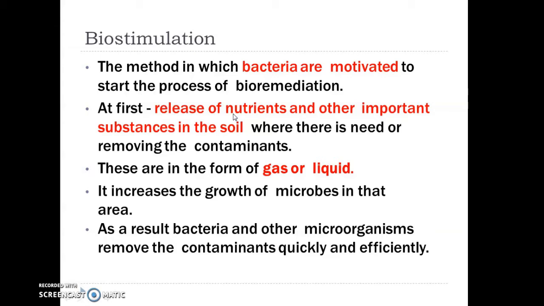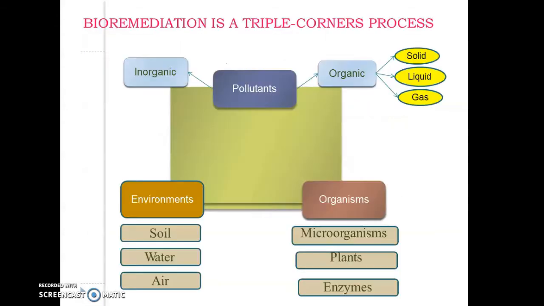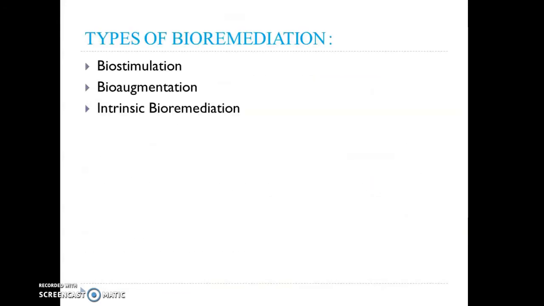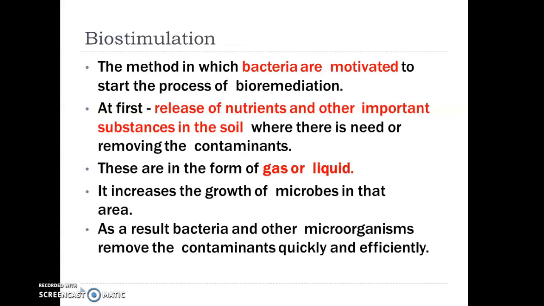So in the contaminated area, due to the high nutrition, the bacteria will grow. As a result, bacteria and other microorganisms remove contaminants quickly and effectively from that soil. So this process is called biostimulation.